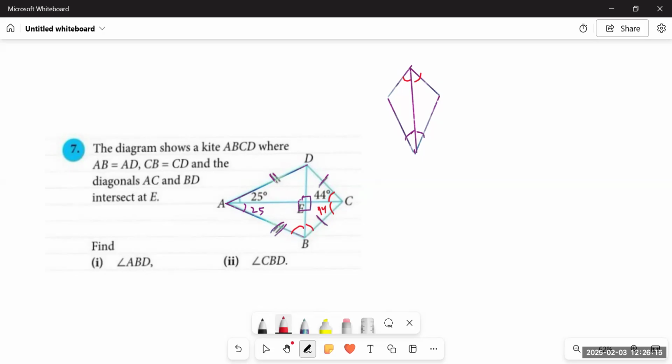This angle is CBD, so we have to find this angle. How can we find? In triangle ABE, we know the two angles 25 and 90, right? And similarly, in this triangle BCA, we know two angles, that is 90 and 44. So we can easily find these two angles that are required in the question, part 1 and 2, very easily.